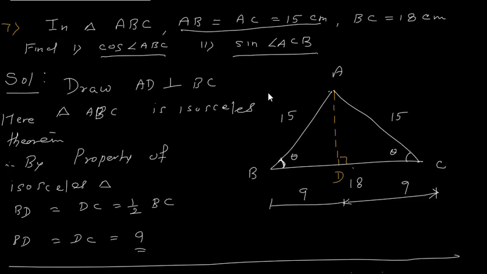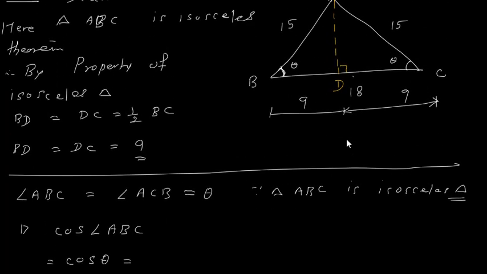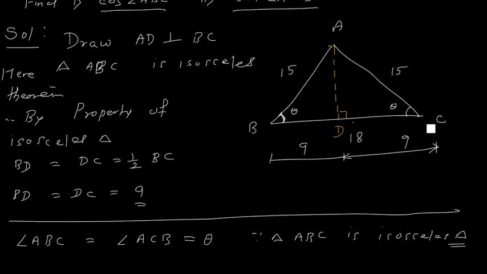So we have to find cos theta and then we have to find sin theta. Cos theta I will find, but for sin theta I have to find the value of AD. So before that let us use Pythagoras theorem and find the value of AD.